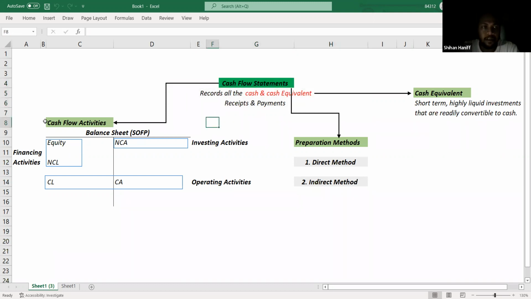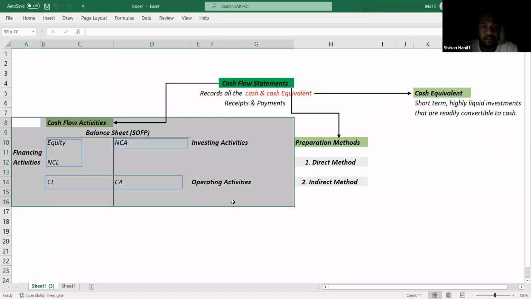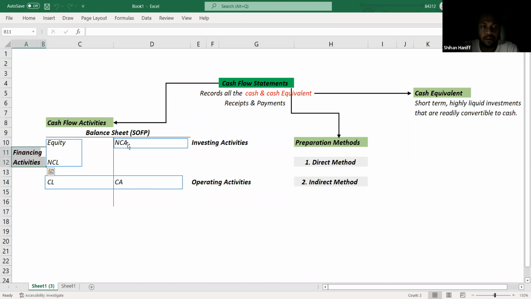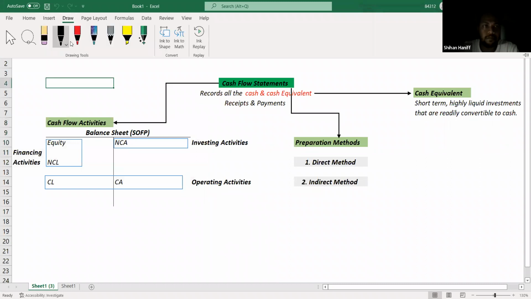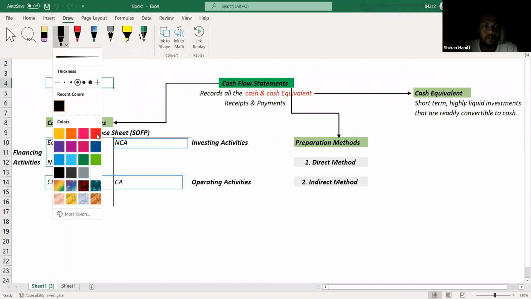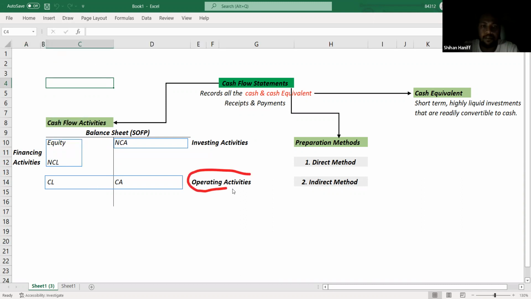Then the activities. There are 3 activities in cash flow statement: number 1, operating activities, number 2, investing activities, and number 3, financing activities.